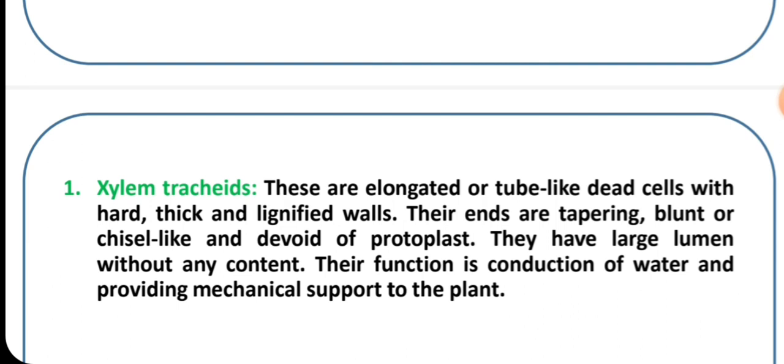Their ends are tapering, that is, narrowing. Sometimes they are blunt, or sometimes chisel-like, with a very sharp end. They have a very large lumen, the central cavity, without any content.